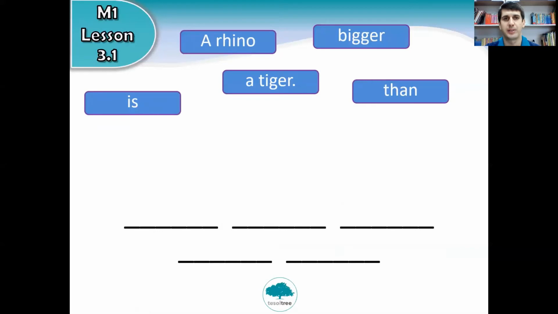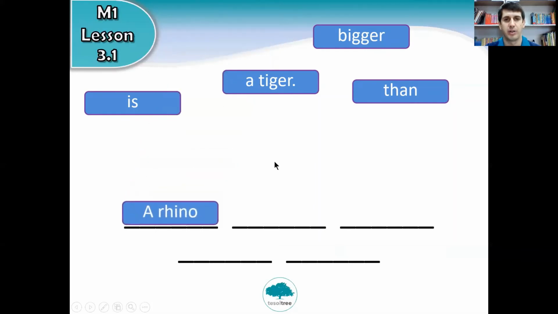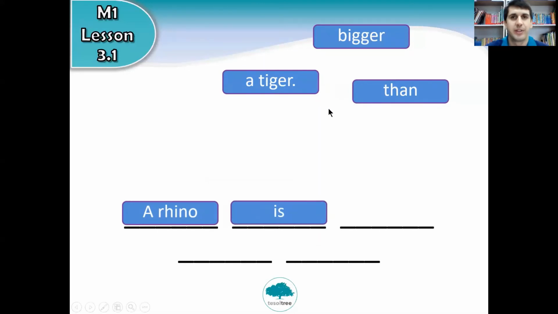Okay, now what about this one? What do you think? Which word has the big letter, capital letter? Which box? It is a rhino. Again, one rhino. So which one's next? Is. Now, which is the comparative?